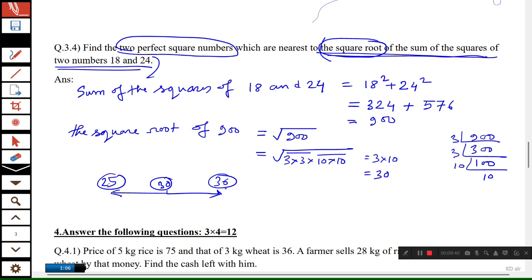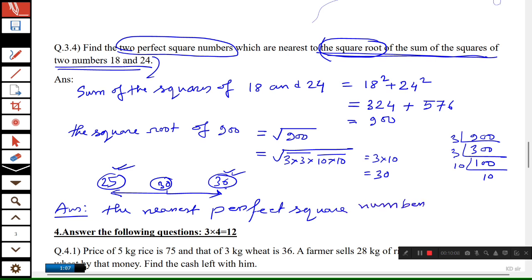If I subtract the remainder, we get the smaller number, and if I square after adding 1 to the quotient, we get the next number. That is a different method, but here we find these two numbers are the nearest. So the answer is the nearest perfect square numbers 25 and 36. Okay, so this is the answer.